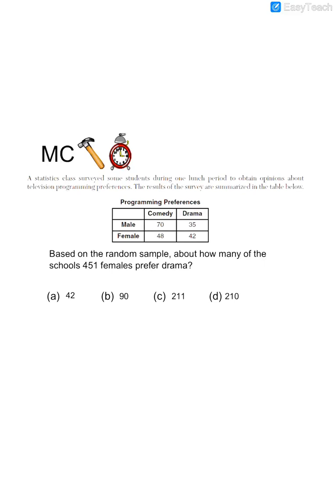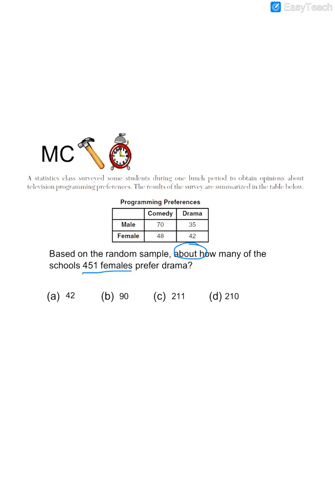It says, a statistics class surveyed some students during one lunch period to obtain opinions about television programming preferences. The results of the survey are summarized in the table below. Based on the random sample, about how many of the school's 451 females prefer drama?